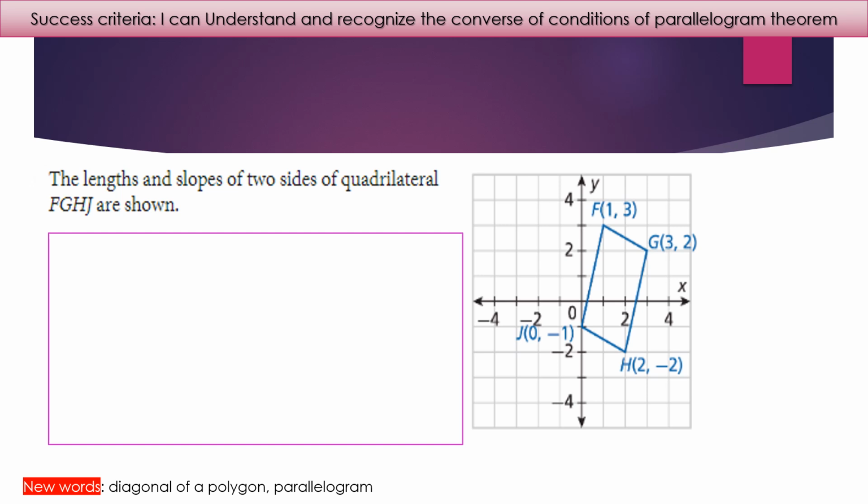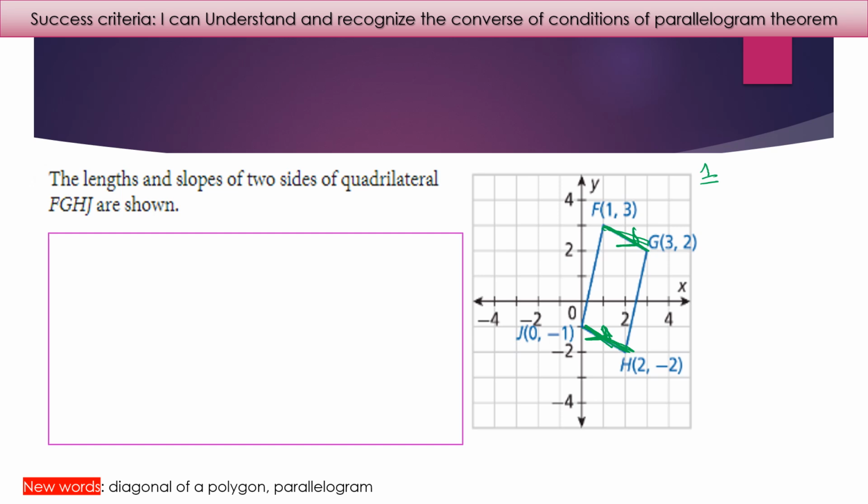Now we can see how we can prove that the given figure is a parallelogram. In order to find out whether they are parallel to each other or not, the first thing is to find the slope. You also have to find the length of EG and the length of GH. With the help of the figure, you can say that they are parallel to each other, but are they congruent?